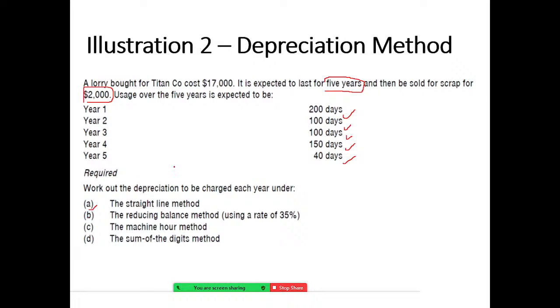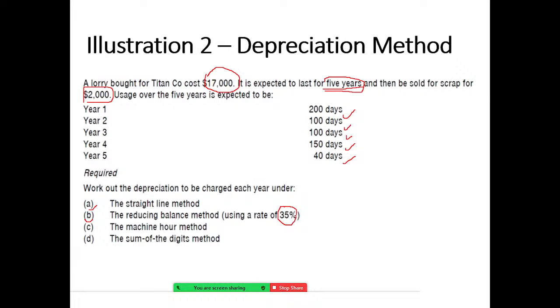It's very straightforward, right? We take the cost and deduct the residual value, so the depreciable amount is equal to 15,000. It can be used for 5 years, so then we can take the straight line method depreciation. Then reducing balance. Here 17,000 minus 2,000 equals how much? 15,000, and the depreciation rate is 35%.